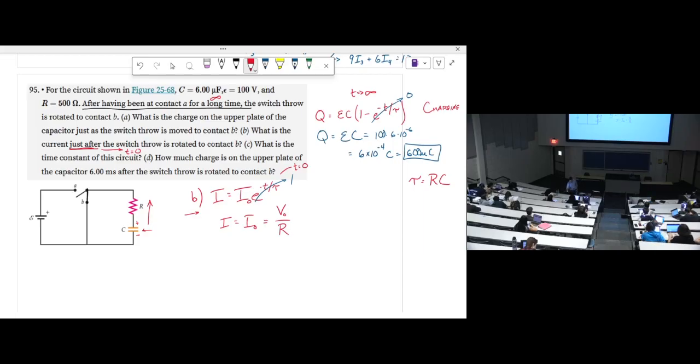So my question is, what is the initial voltage across the capacitor? I hope that wasn't someone's brain frying.